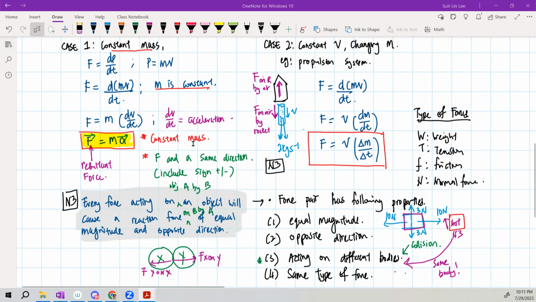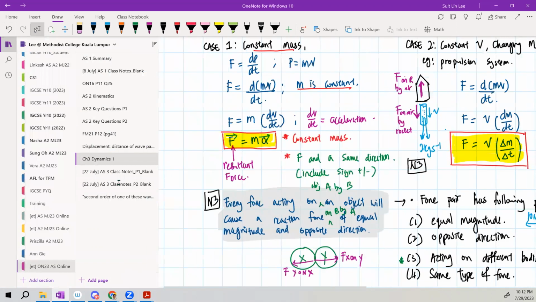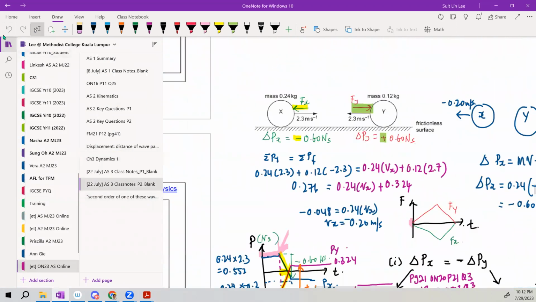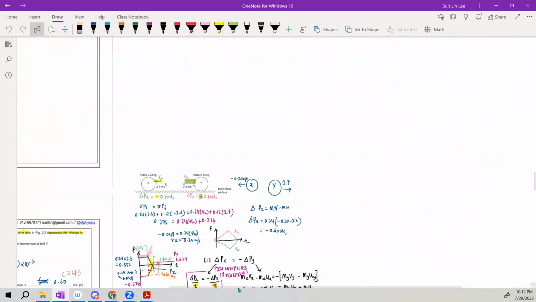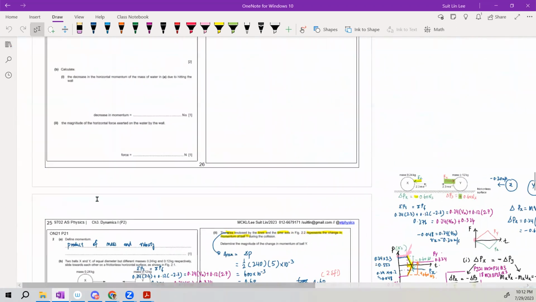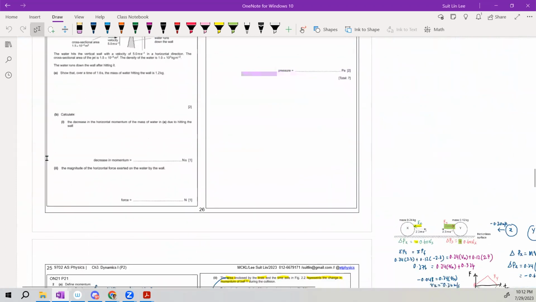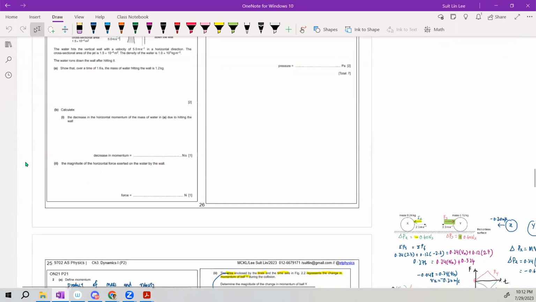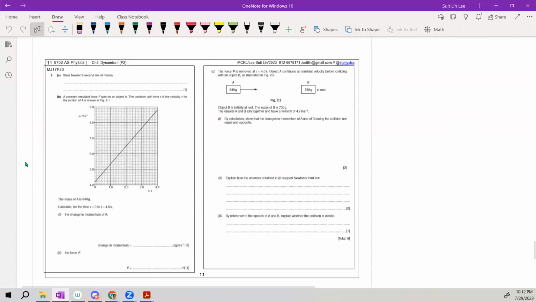Okay, we're going to focus on triangle questions for F equal to MA, and also doing 1 or 2 proportion question before we call it a night. Yeah, let's go. All right. Paper 2.